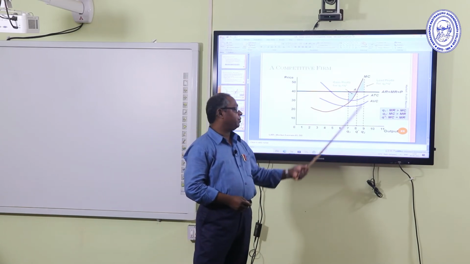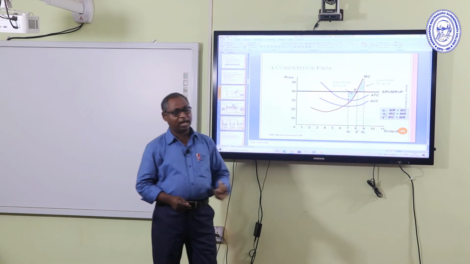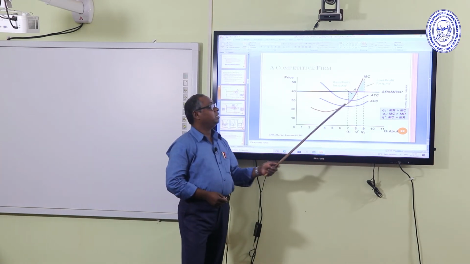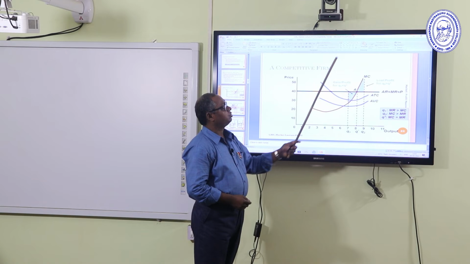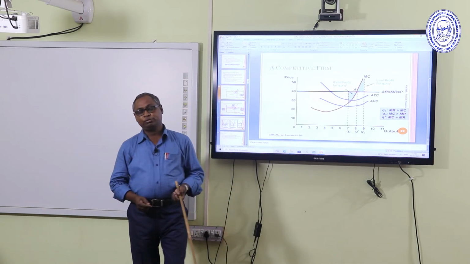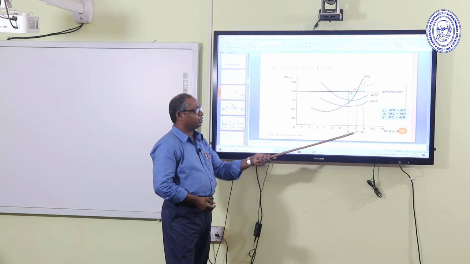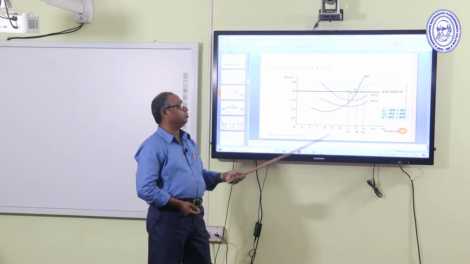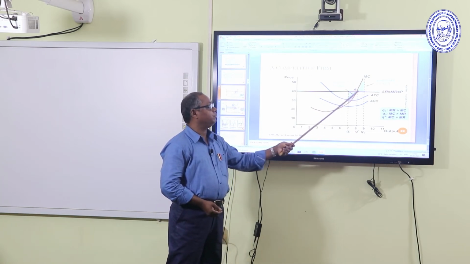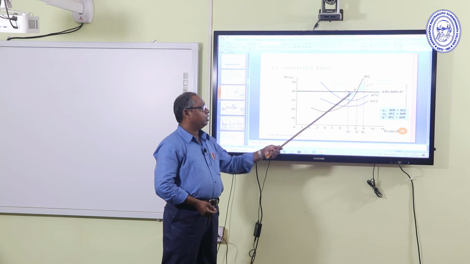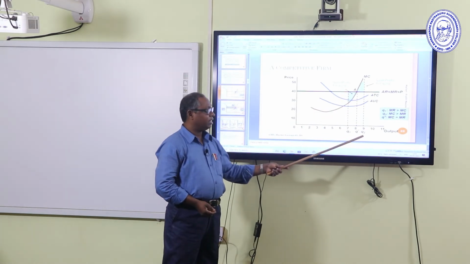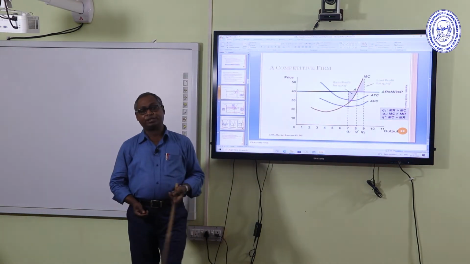Similarly, if I am here at Q2, say at 9 output level, then marginal cost is greater than marginal revenue, so the firm will make a loss. So the firm tries to reduce output, and this will continue till the gap between MC and AR decreases to 0 at A, and here output reduces up to 8.